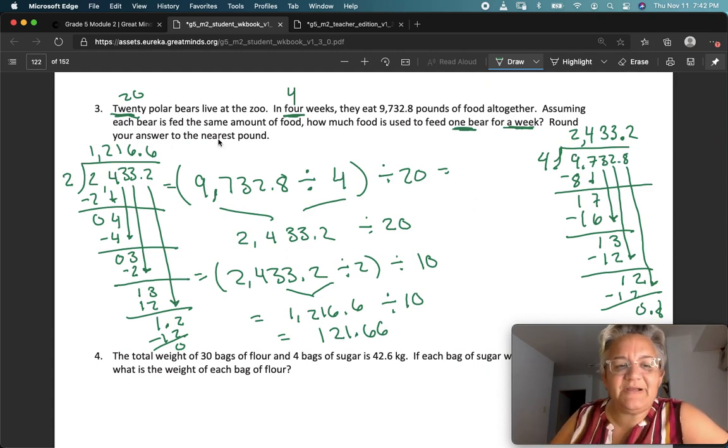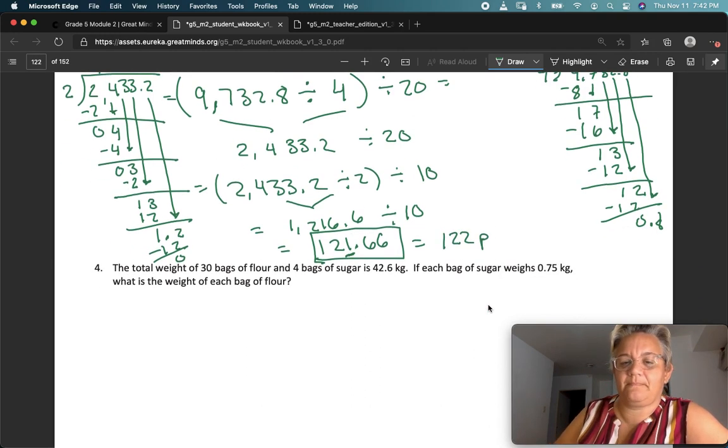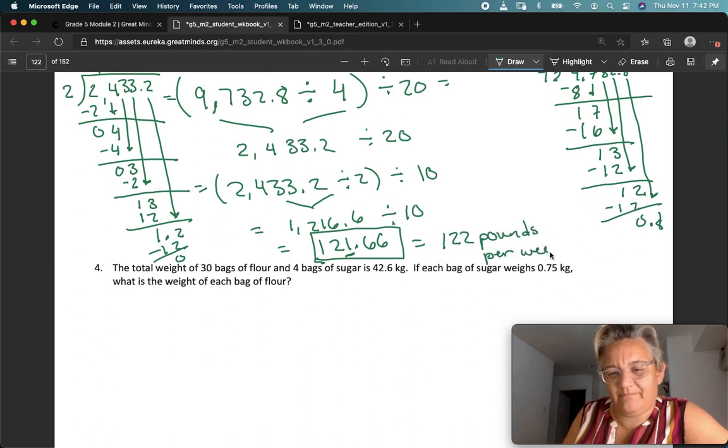So, assuming each bear is fed the same amount of food, how much food is used to feed one bear for a week? Round your answer to the nearest pound. So now we have to round this to the nearest pound, which in this instance is the ones place. So I'm going to look at the tenths, which is a 6, which means that this number rounds up, so it's 122 pounds per week.